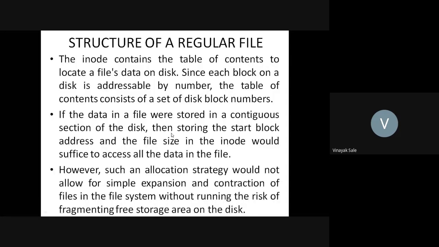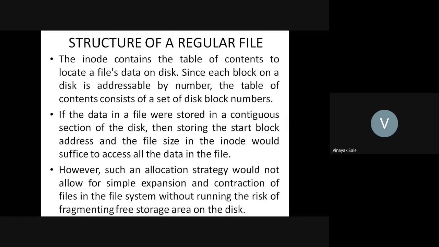So inode contains a table. Inode contains the table of contents to locate files on disk. Since each block on a disk is addressable by number, the table contents consist of a set of disk block numbers.